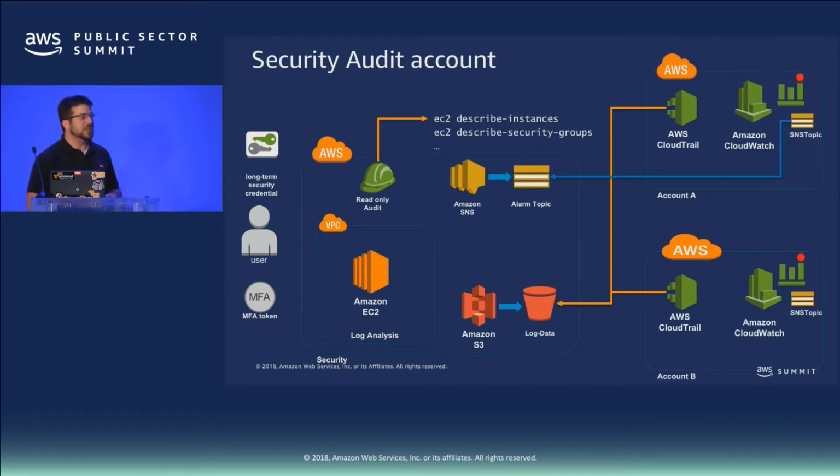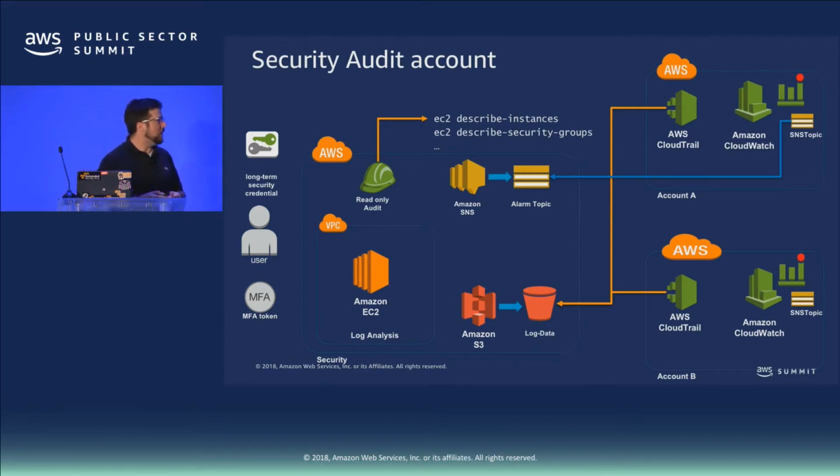We can also do things like, via stack sets in CloudFormation in the organization, configure all the member accounts to automatically put their CloudTrail logs in the central security account's S3 bucket for log retention. And then we can also create custom CloudWatch metrics as well.